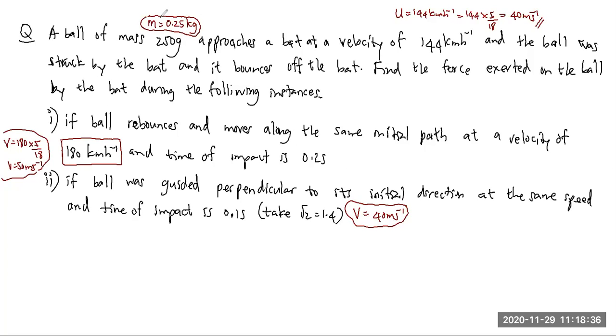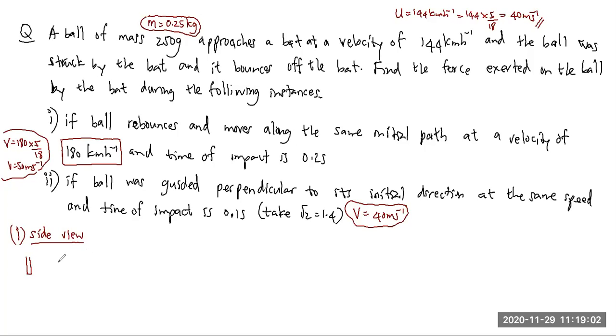Okay, so if you consider the first part, what is happening? Now I'll draw it from the side view. So let's say you are seated in the pavilion, one of the spectators at square leg, if not deep point cover in that region. So when you watch, the bat will be like this.